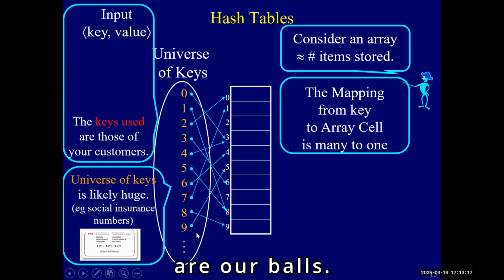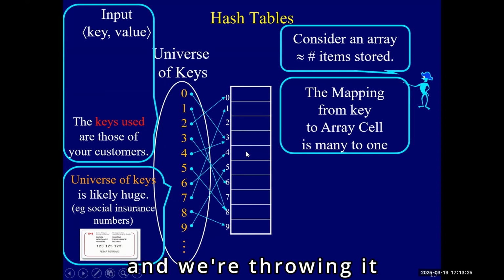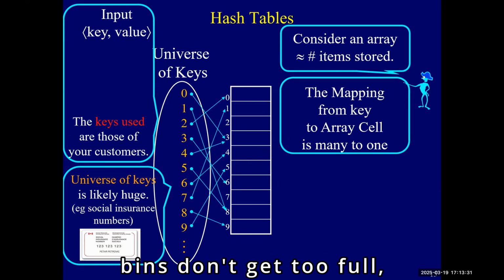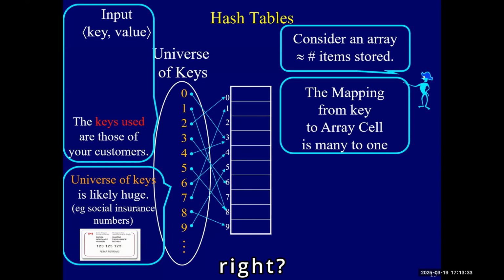These keys are our balls, and these array items are our bins, and we're taking each ball and we're throwing it into a random bin, and we hope that the bins don't get too full, right? Everybody kind of follow that?